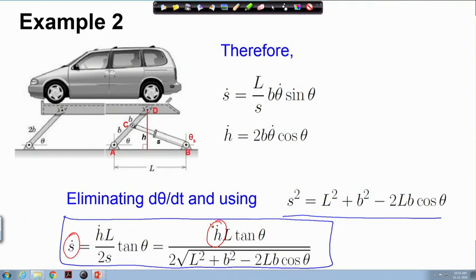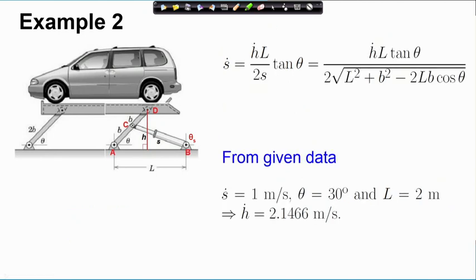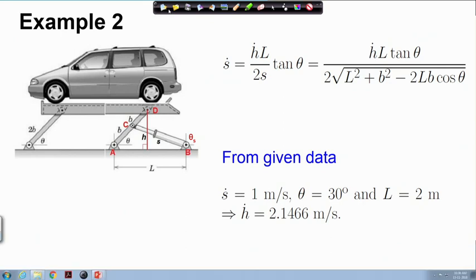Now, from the displacement analysis we have already found out theta. So, we are given this theta as 30 degree. At theta equal to 30 degree we are given s dot as 1 meter per second, and the other link length data are all given. Therefore, we can find out h dot, which turns out to be 2.146 meter per second.